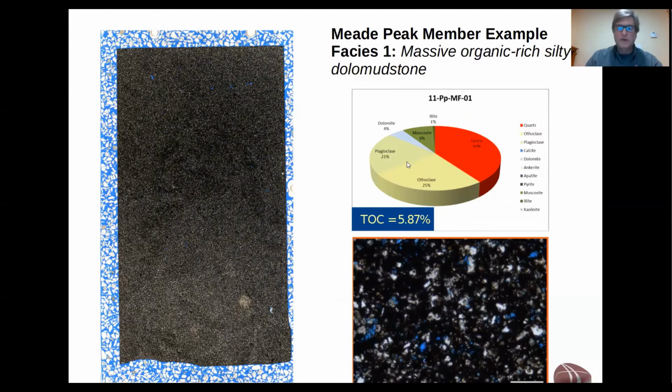Most of the sample, however, is quartzose and feldspathic, and both of those two minerals, as you can see here in this thin section, are in the form of detrital silt. So these silt grains, angular grains of detrital silt, actually are very common in the Mead Peak, and it may be more properly referred to as a siltstone in some places, although throughout the literature it's referred to as a shale.